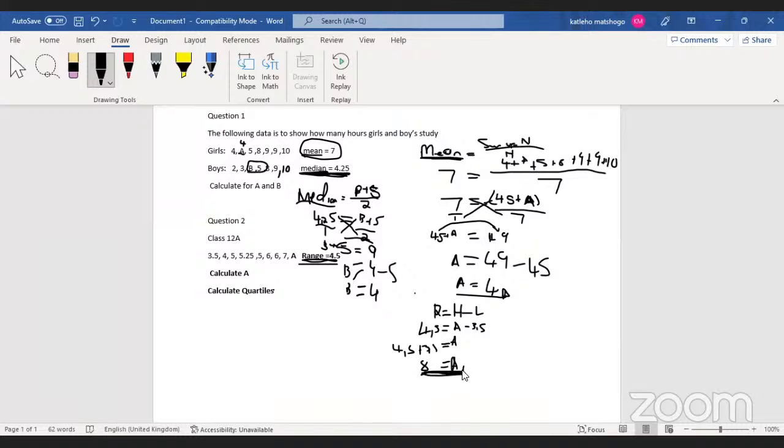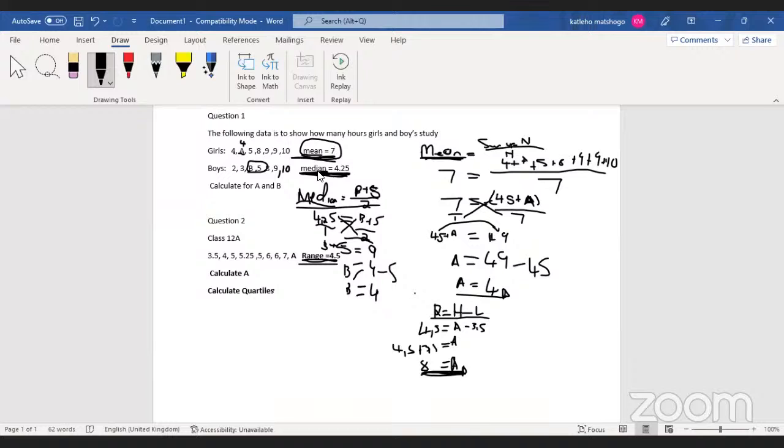You see, I've given you all the formulas for the range, for the median, and for the mean. If something is given, it should be a clue of how to calculate.